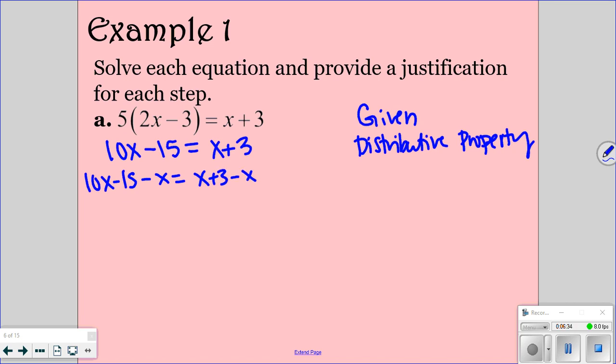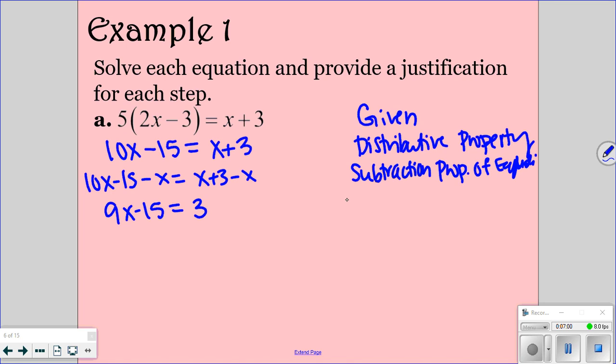And so that would be the subtraction property of equality. Okay, and then we can combine our like terms. So 10x minus x is 9x, and then we have minus 15. x minus x goes away, and we have equals 3. So all we did here was simplify.